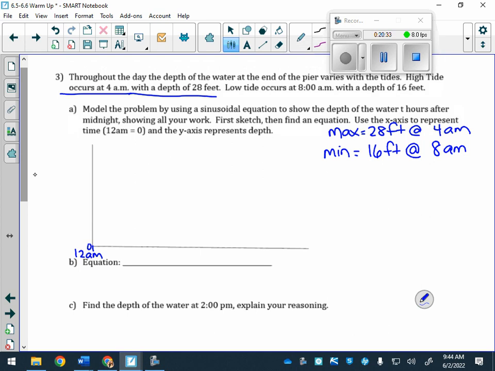I want you to think how many hours it would be max to the next max. Be careful. Just 4-hour difference. Hold on.